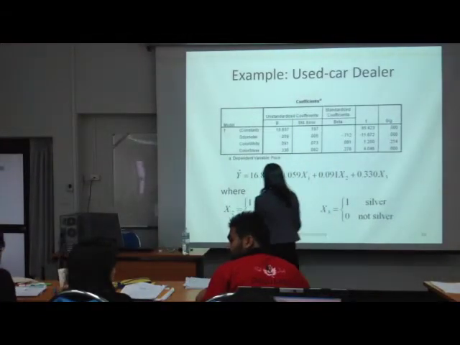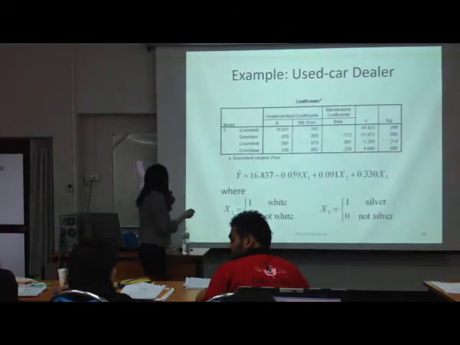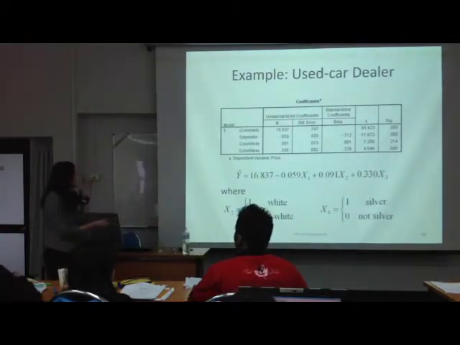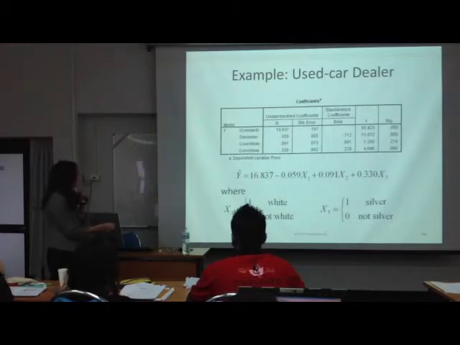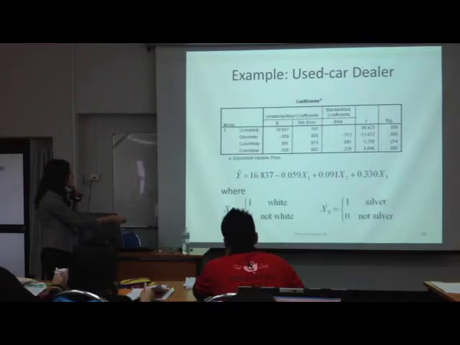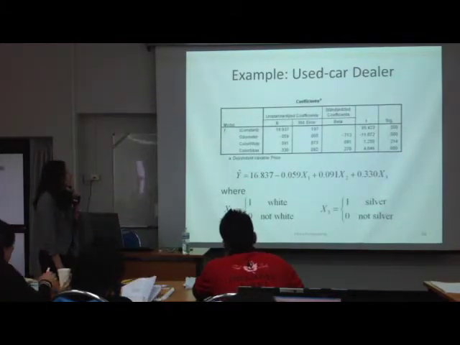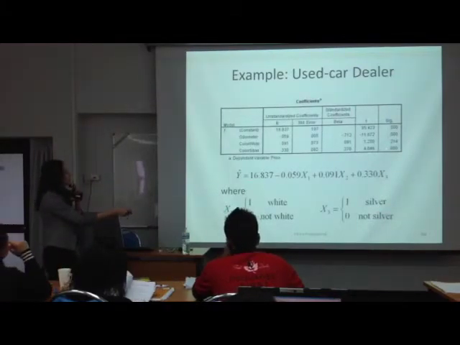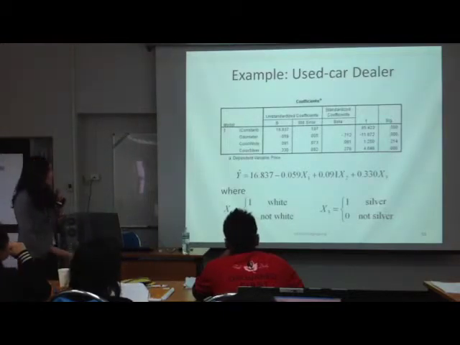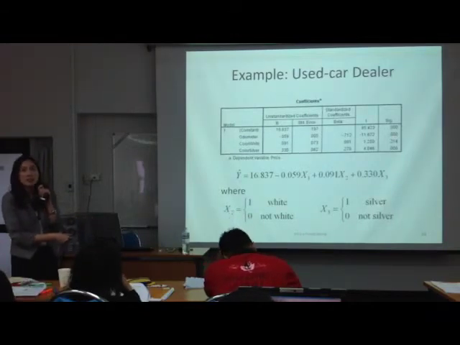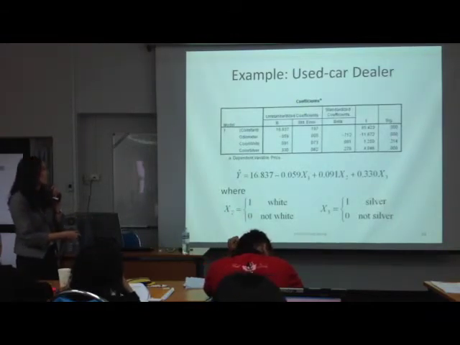Here, from the estimated coefficients, we can write down the regression equation like this, right? But what you notice is that one variable is not significant. In this case, you can remove it and then refit again.